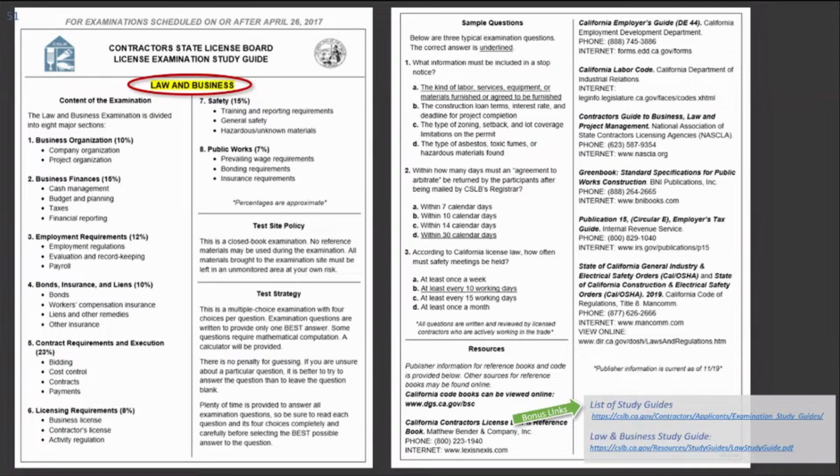Here is a quick look at 2 of those study exams. The first is the Law and Business exam, which all qualifiers must take, no matter which license classification, including the D Series limited classes. You can see the guide contains a breakdown of examination topics, some test strategies, sample questions, and resources that were used to help create that exam.